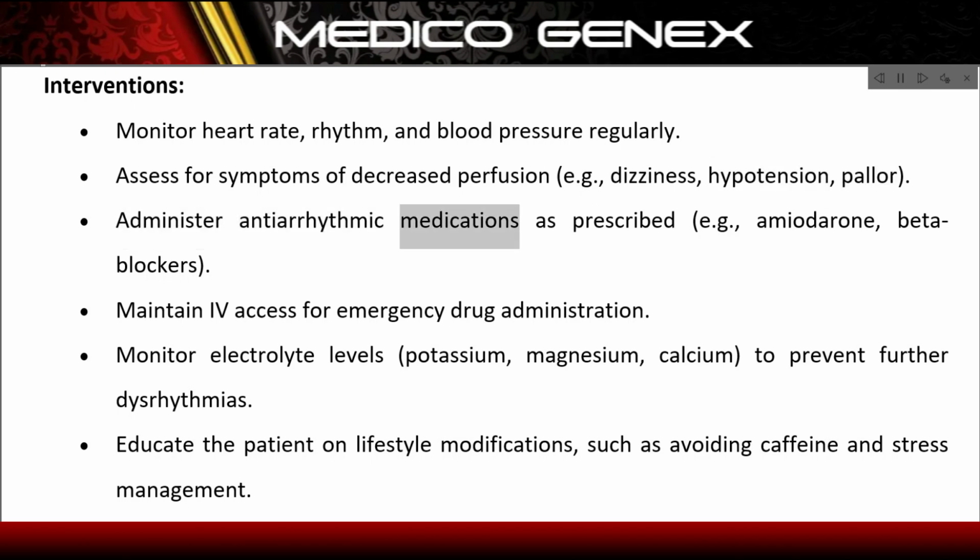Administer antiarrhythmic medications as prescribed, for example amiodarone, beta blockers. Maintain access for emergency drug administration. Monitor electrolyte levels, potassium, magnesium, calcium, to prevent further dysrhythmias. Educate the patient on lifestyle modifications, such as avoiding caffeine and stress management.